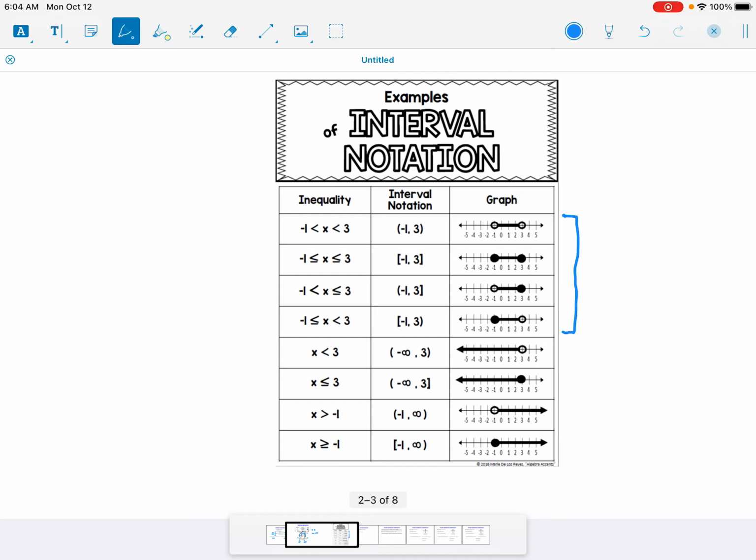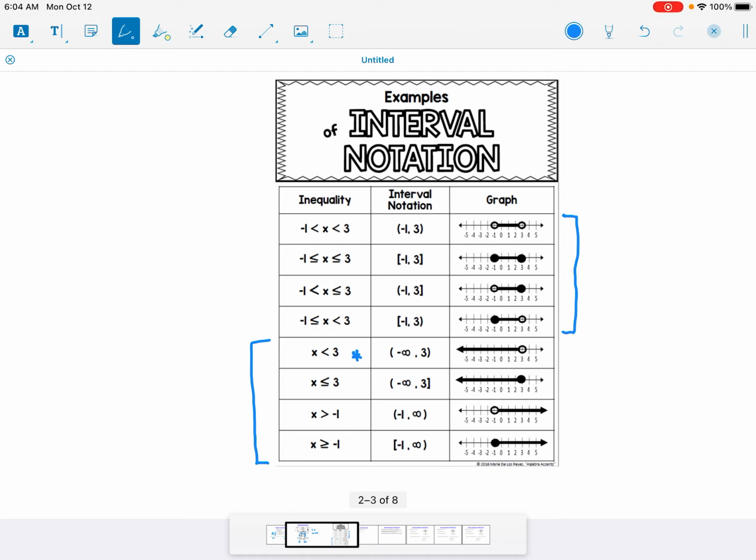Now, this last set down here, the inequalities only have one value, such as 3. So what should be the other number in the interval? Because as I said before, you have to have 2 values. Depending on the direction that your number line or your inequality is pointing, the other number that you're going to use is an infinity symbol or a negative infinity symbol.